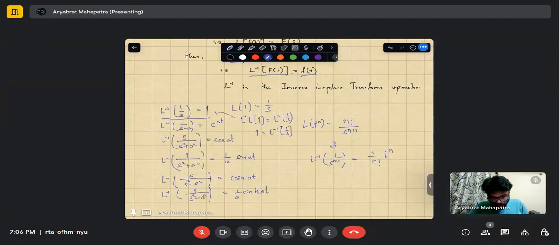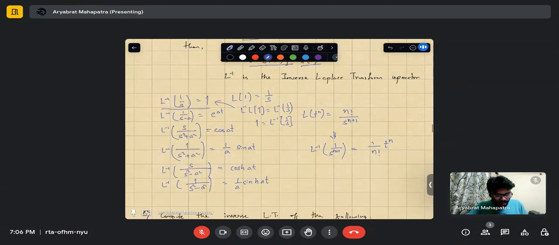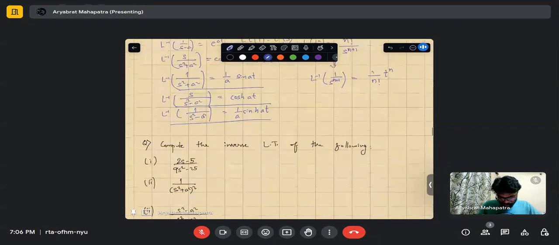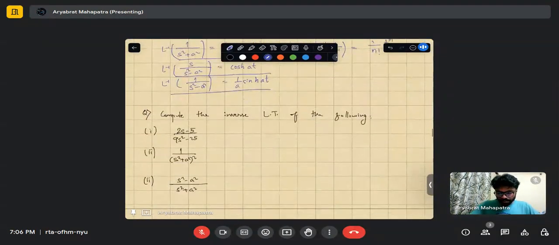So this is what you get when you do the inverse Laplace. In the same way, for the results you got with the Laplace transformations, you can apply the inverse Laplace transform on them and get back your initial functions. That is how you get it for all these cases.